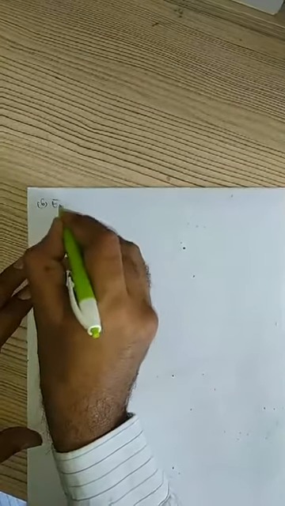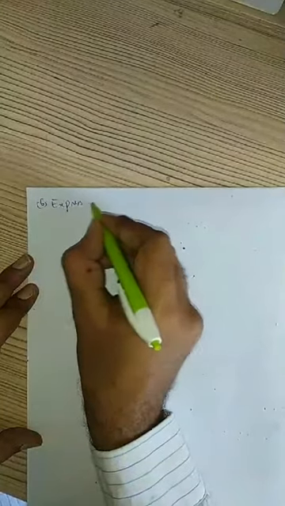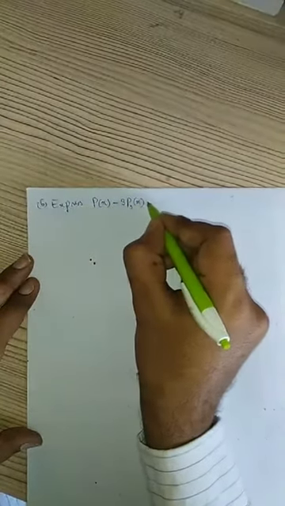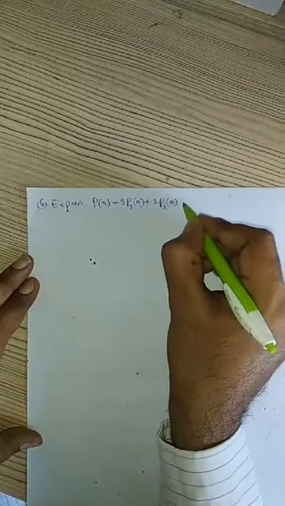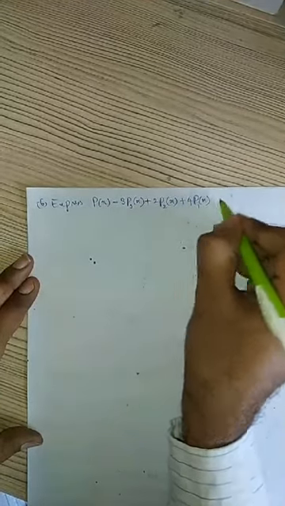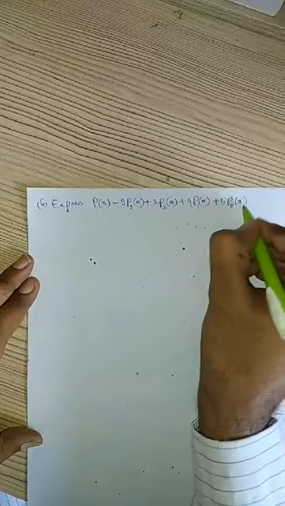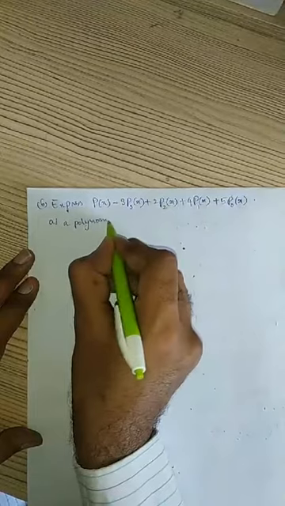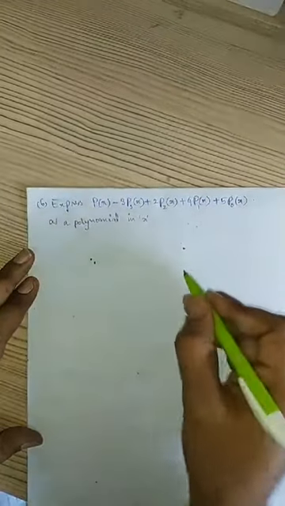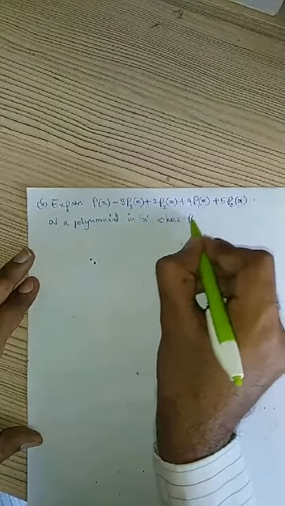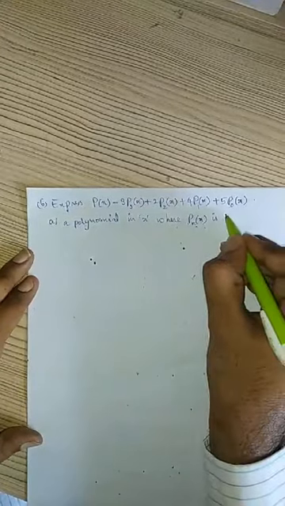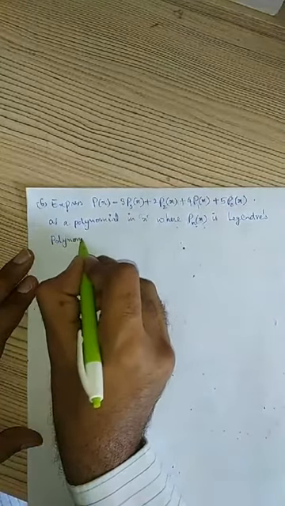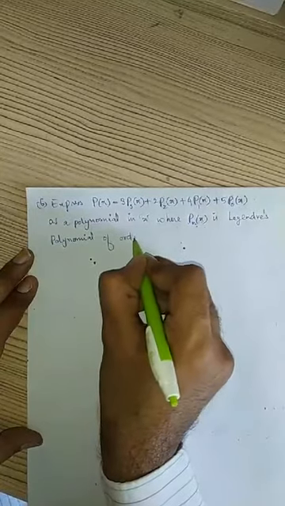So 6th problem, express P of x equals 3P3 of x plus 2P2 of x plus 4P1 of x plus 5P0 of x as a polynomial in x, where Pn of x is Legendre's polynomial of order n.